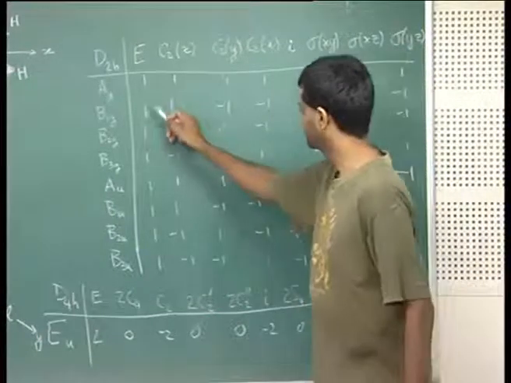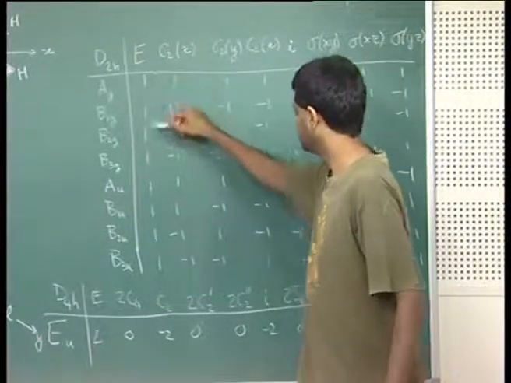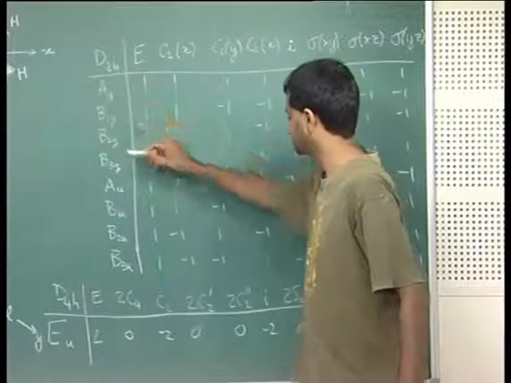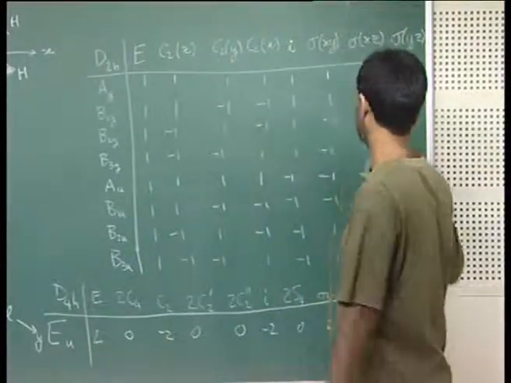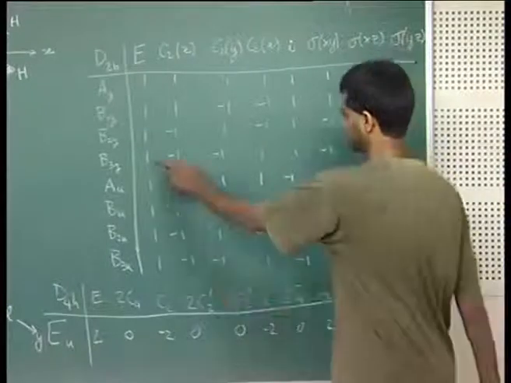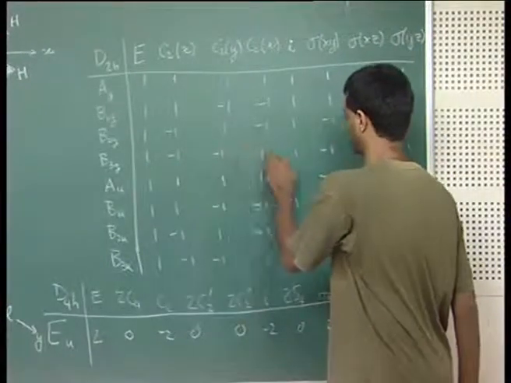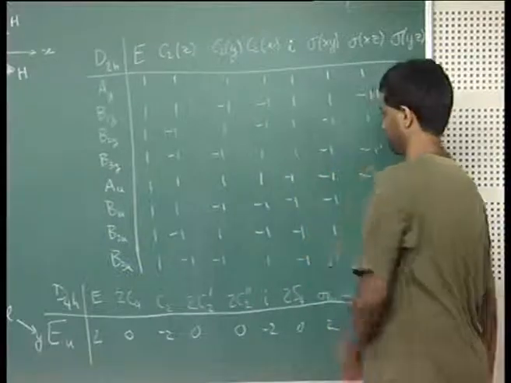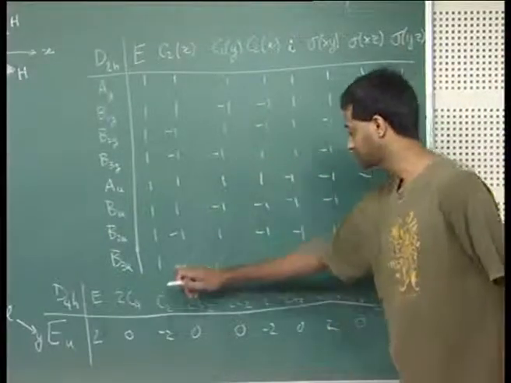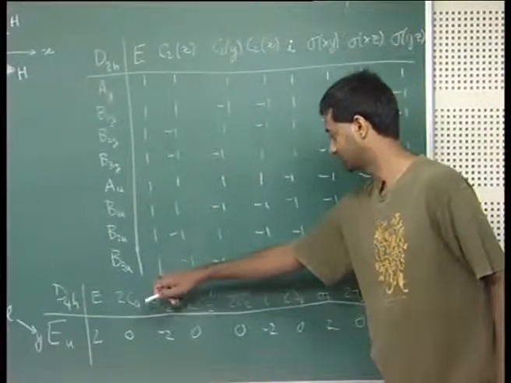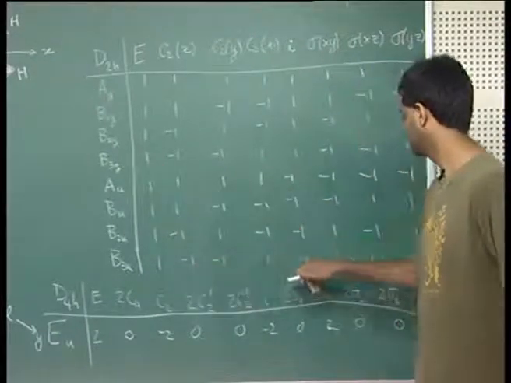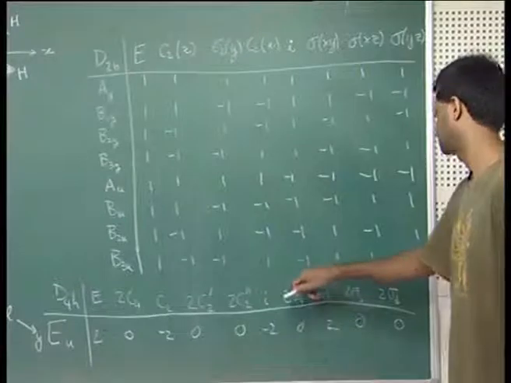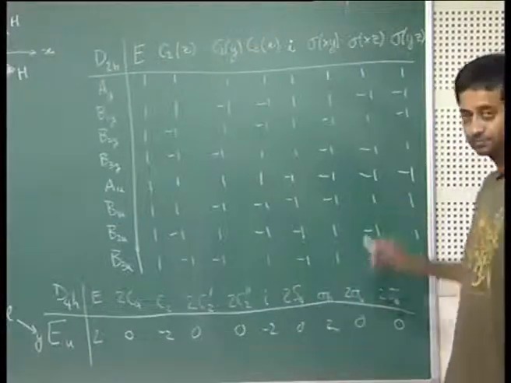So if you take any of the G representations, it will be symmetric. The first 4 and the next 4 will be the same. So for example, you have 1 -1 -1 1 1 -1 -1 1. Whereas if you take the corresponding Ungerade representation, U representation, you will have 1 -1 -1 1 as it was, but then these ones have changed sign. So it is -1 1 1 -1.